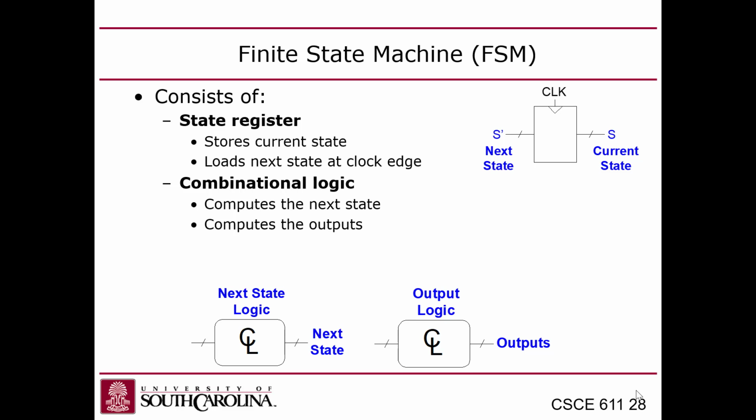So whenever you get a clock edge, it will capture whatever's coming in and it becomes the current state. And then you have a block of combinational logic that calculates the next state value, the next state logic, and another block of logic that takes the current state and transforms that into whatever output values correspond to that state.